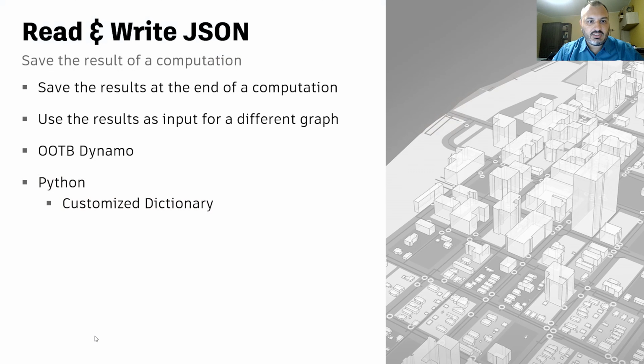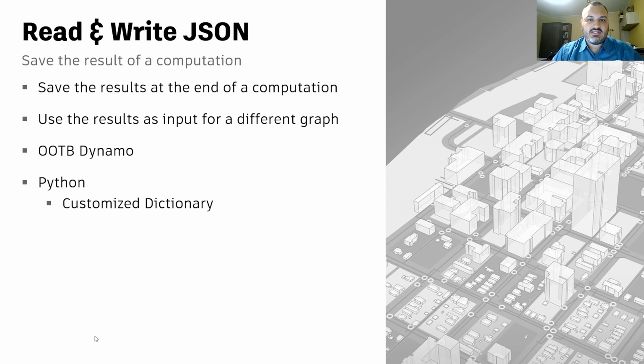So how to transfer the results of a computation from one Dynamo session to the other. Well, generative design in Revit provides some features to capture the data either for the fixed inputs or for the results within the Dynamo graph.